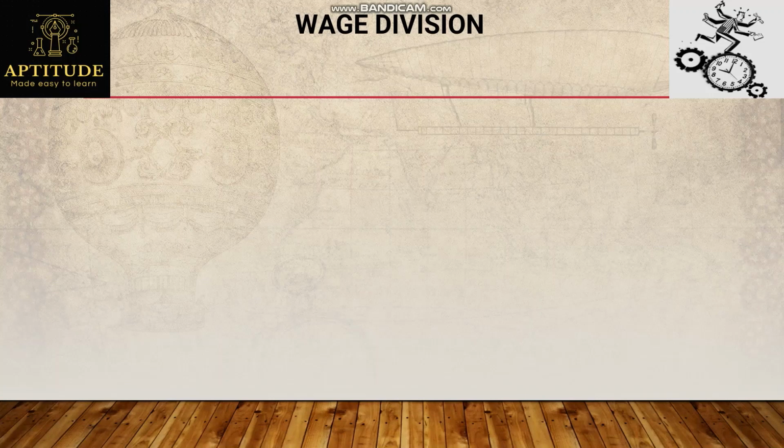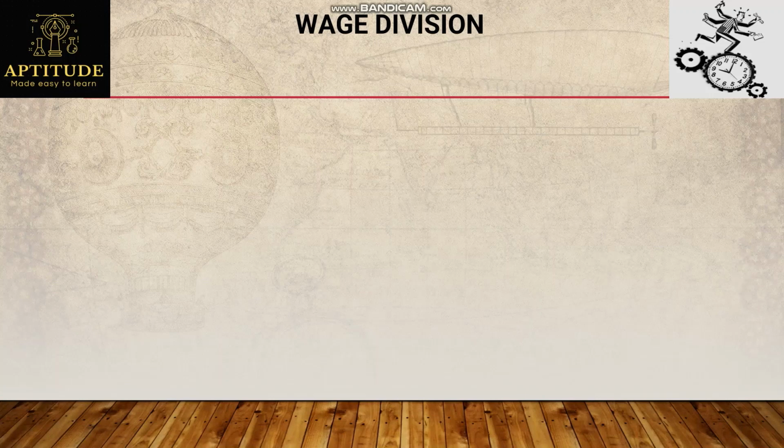Different persons performing different efficiencies, different works, different number of days will be there. So how to find out salaries there? How to divide salaries for those persons? We are going to discuss in this video. So don't skip the video if you want to get a clear idea about this wage division.